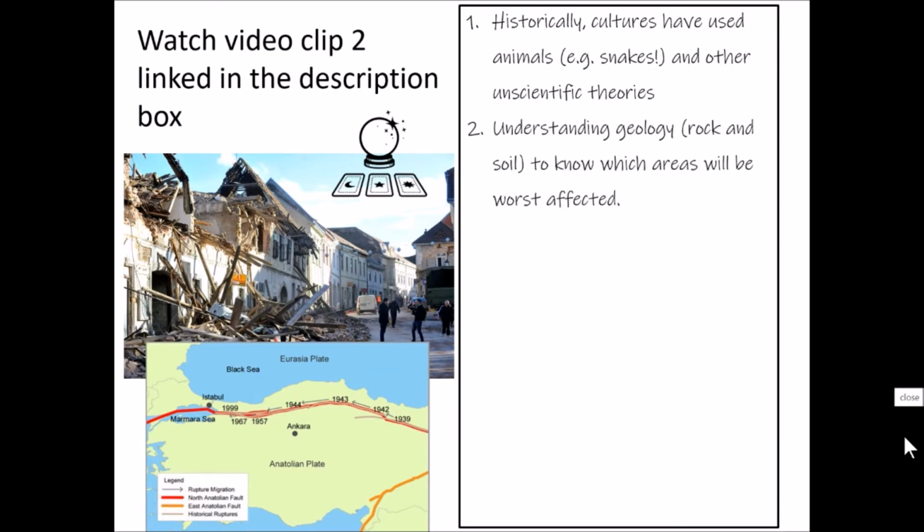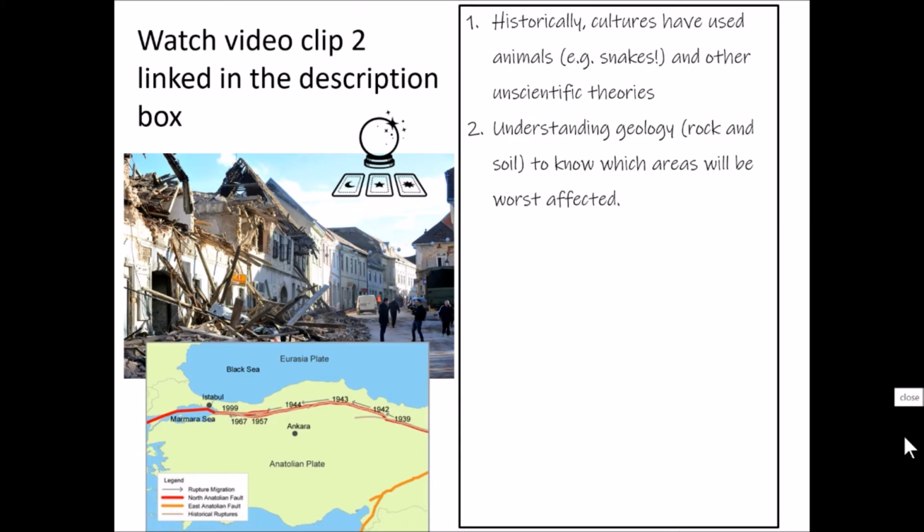So one thing that's really important is understanding where earthquakes are going to be the worst. A lot of that will depend upon the geology, upon the rock type and the soil in the area. If you've got a rock type or a soil that is quite liquid-like, maybe it's got quite a lot of water in it, so a clay or anything that's quite unconsolidated.